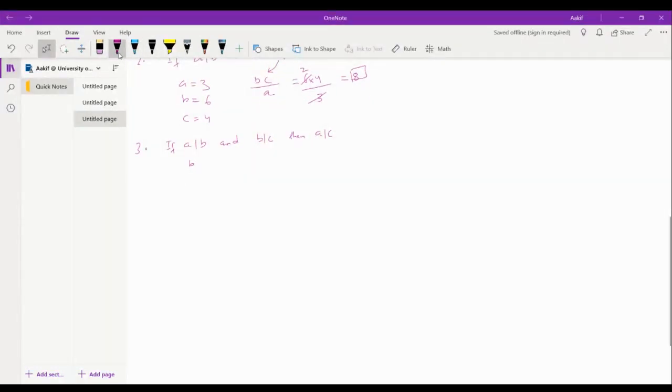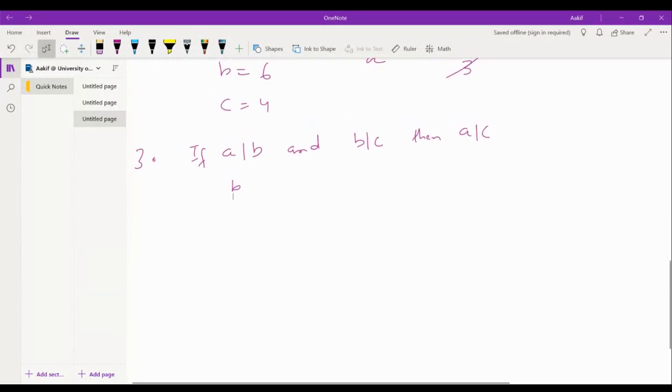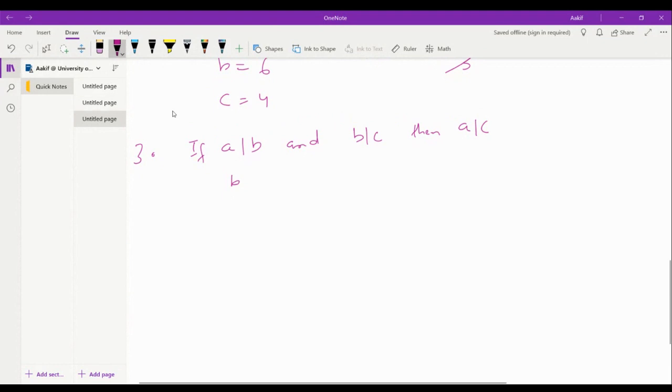So if A divides B and B divides C, then A will divide C as well.